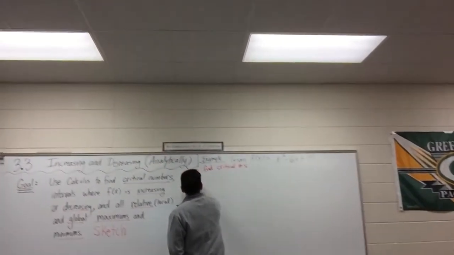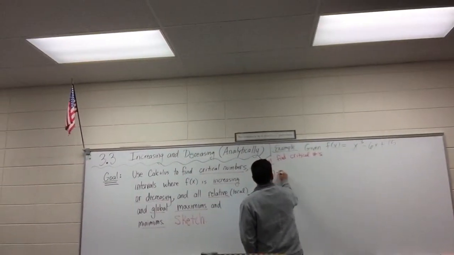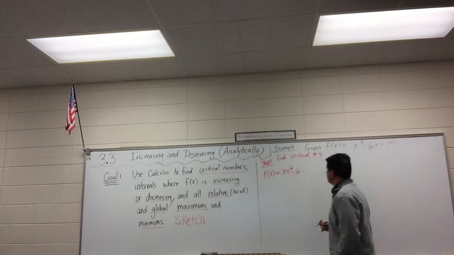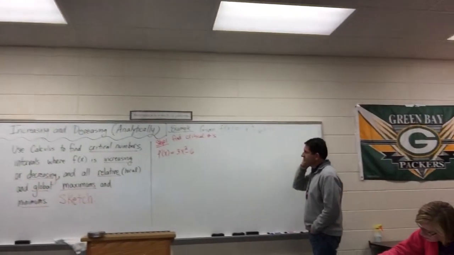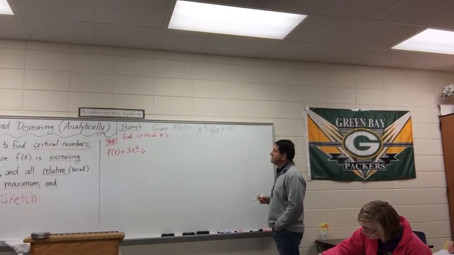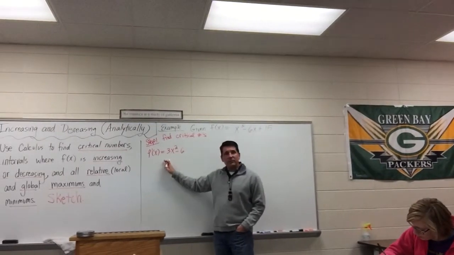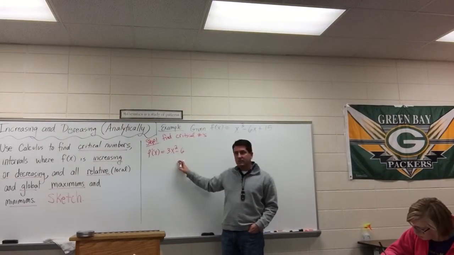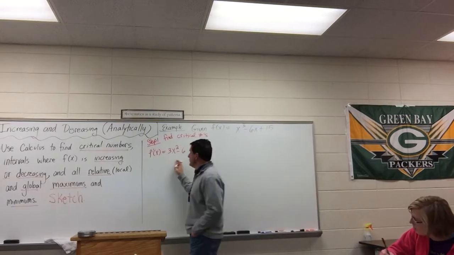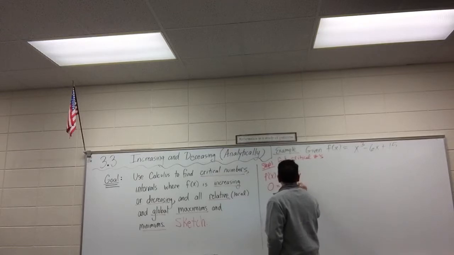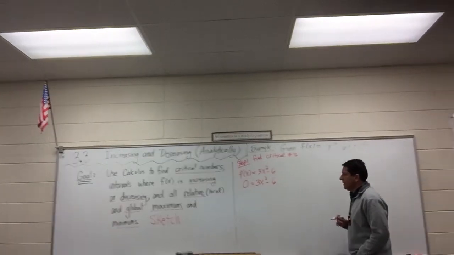So f prime of x is equal to 3x squared minus 6. This is a polynomial function, which means it's never undefined. So we're not going to get any critical numbers from being undefined. But if we set it equal to 0, then we should be able to get some answers here.